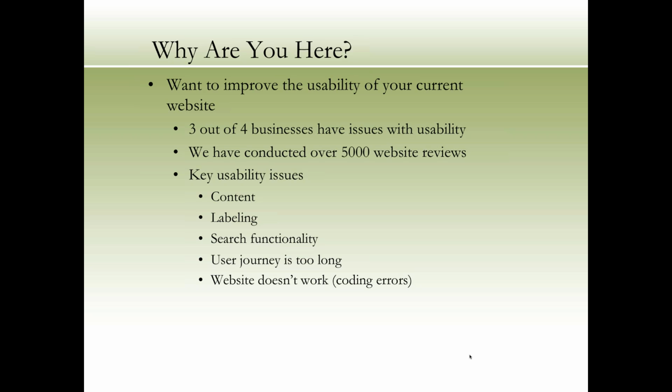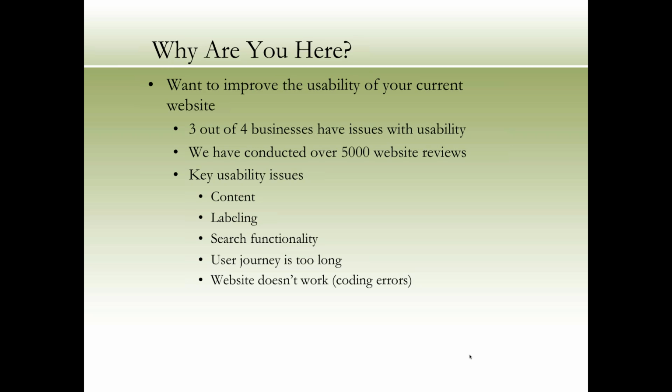The content just isn't written correctly for the website and the type of business, or it's written for search engine optimization, and so the content doesn't make sense to users, or there's just too much content. Also, labeling is incorrect. And we're going to go through all of these different issues today, but as far as labeling goes, we're talking about your main menu navigation, what you label the pages of your website.